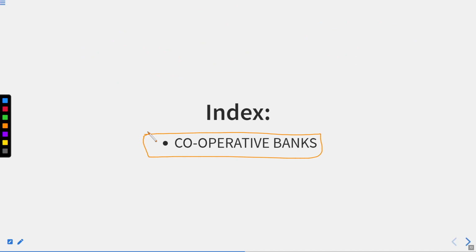About cooperative banks we had taken an overview in an earlier lecture. And what was that lecture? Come on, it is my question to you. What was that lecture in which we had taken the overview of this?